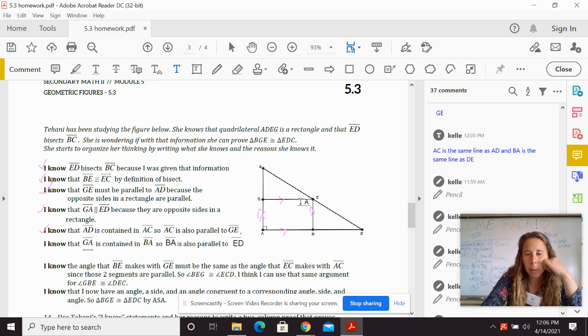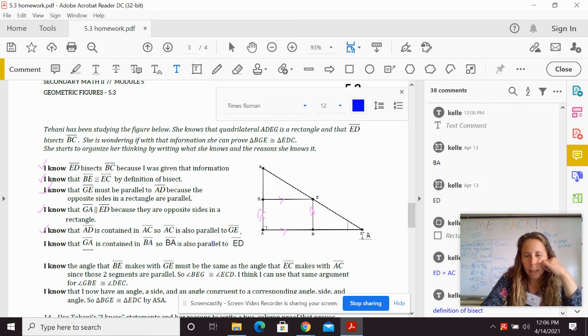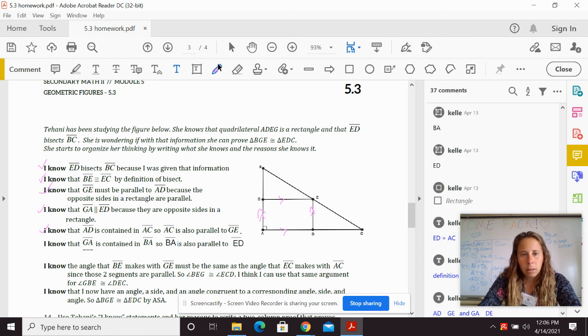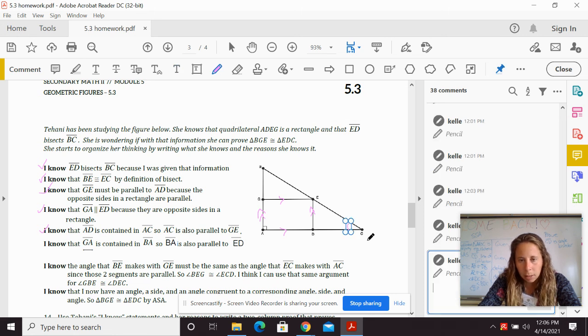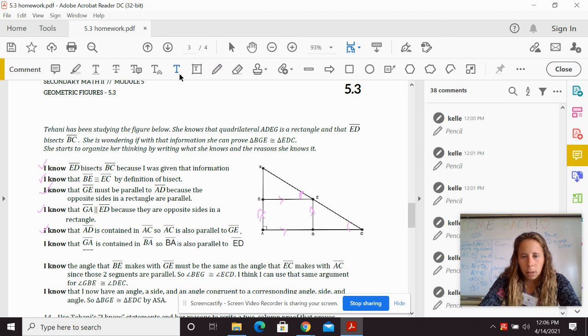So this angle right here is congruent to this angle right here, because this line is parallel to this line, and they are both cut by the same transversal. So these are corresponding angles.